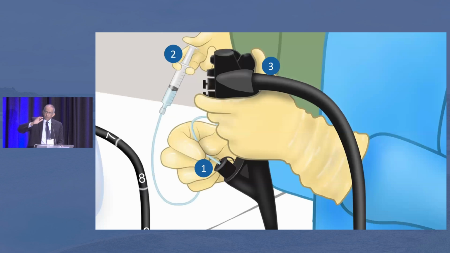And once you know the mucosa is lifted, then I try to move my scope tip and direct my needle the way I want as the assistant is injecting. And I ask my assistant to share with me how much is being delivered, 1 ml, 2 ml, 3 ml, because otherwise you may be injecting 10 ml into the peritoneal cavity without even realizing.